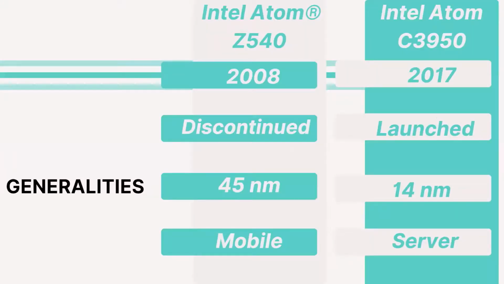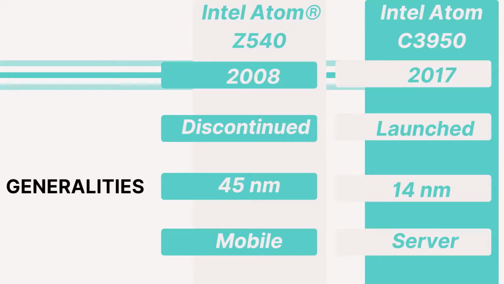Comparison between the Intel Atom processor C540 and the Intel Atom processor C3950. First of all, we will start by comparing the inheritance of these. They have a great difference in the release date: the C540 was launched in 2008 and the C3950 in 2017.